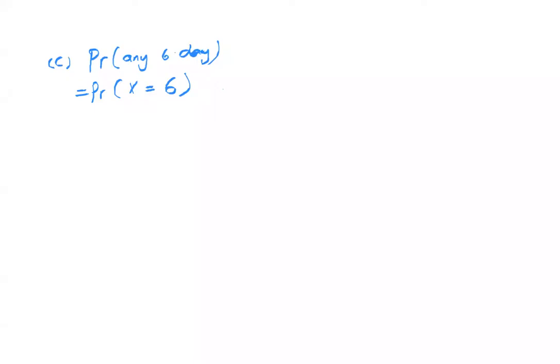So you use your graphic calculator faster and count. binomPDF, 7, 0.6, and 6. And you get the answer.